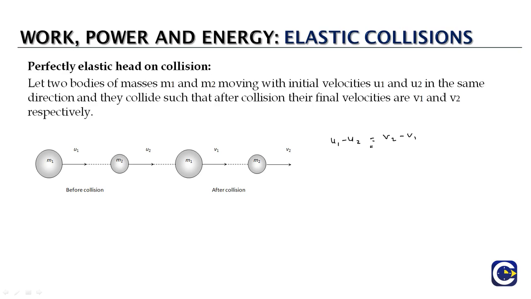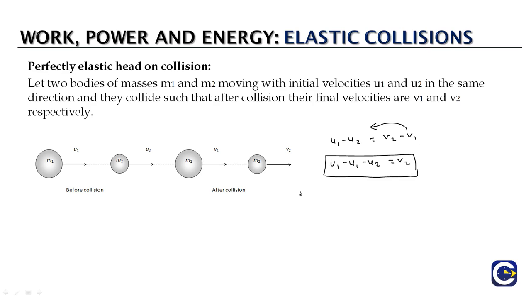Now if you want v2, by bringing the minus v1 onto the LHS, it will be v1 minus (u1 minus u2). This will be equal to v2. Now this is the value of v2, which we can take and substitute in the momentum equation.